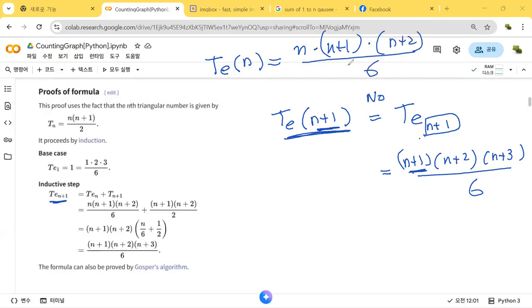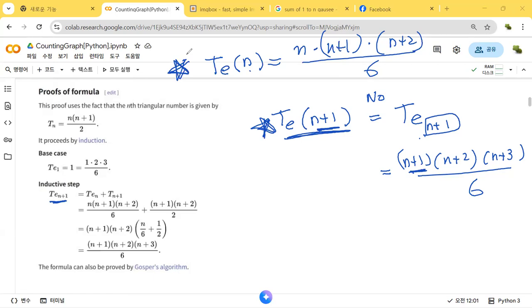Okay. So this formula is in fact exactly equal. The only difference is that in this case the variable is n and in this case the variable is n plus 1. Okay. So let's prove this one instead of this one because they are the same.